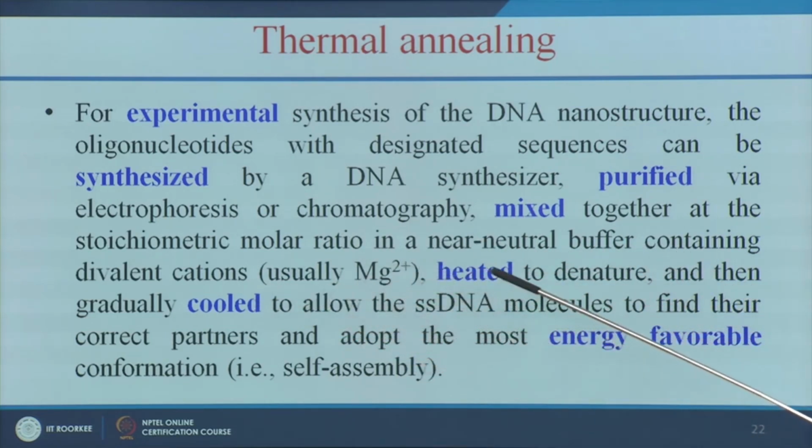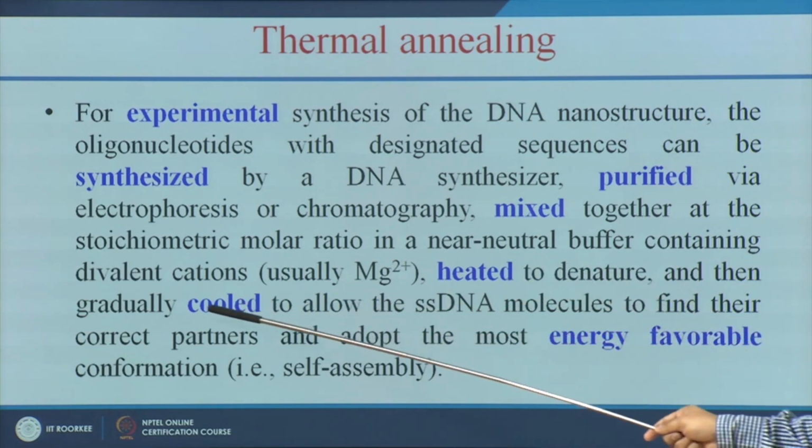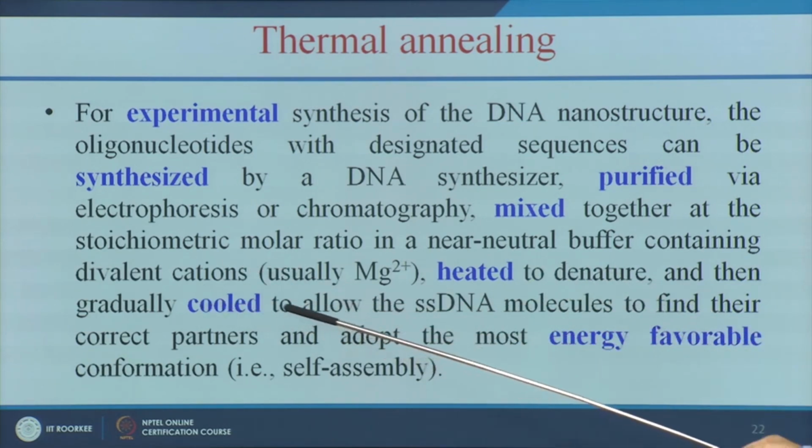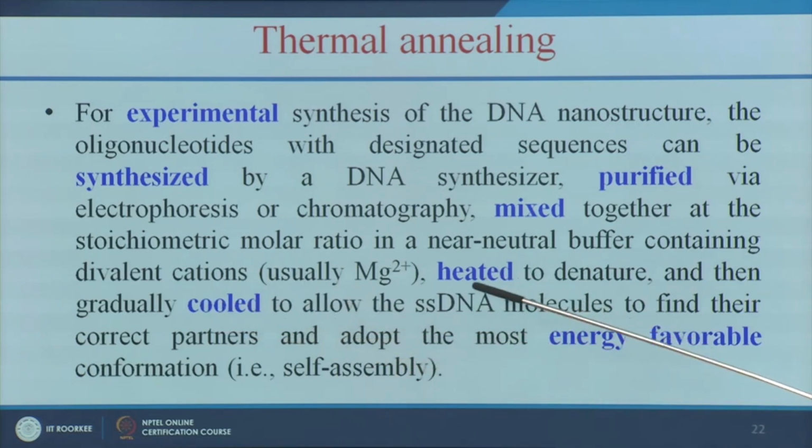If you want to denature the DNA, you can heat it, which breaks the hydrogen bonds. If you want to renature it, it can be cooled so that the single stranded DNA combines and forms double stranded DNA. This is a very good example of self assembly.